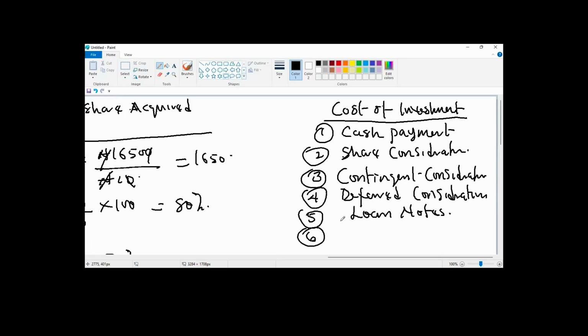Then six, I can use two or three out of these, that gives us combined. That is it.